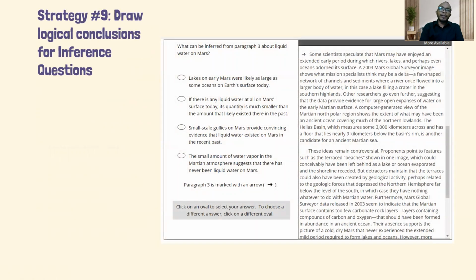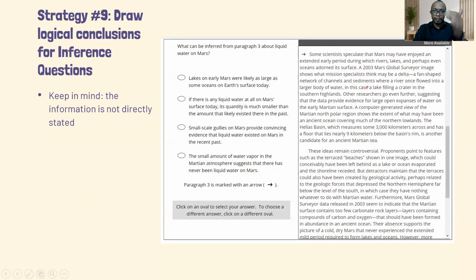Now, the ninth strategy is to draw logical conclusions, especially for inference questions. Okay, so the first thing you need to keep in mind is that the information is not something directly stated. You will not exactly find this information, because it will be implied, it will be hidden. So you need to make conclusions as if you're a detective trying to solve a crime.